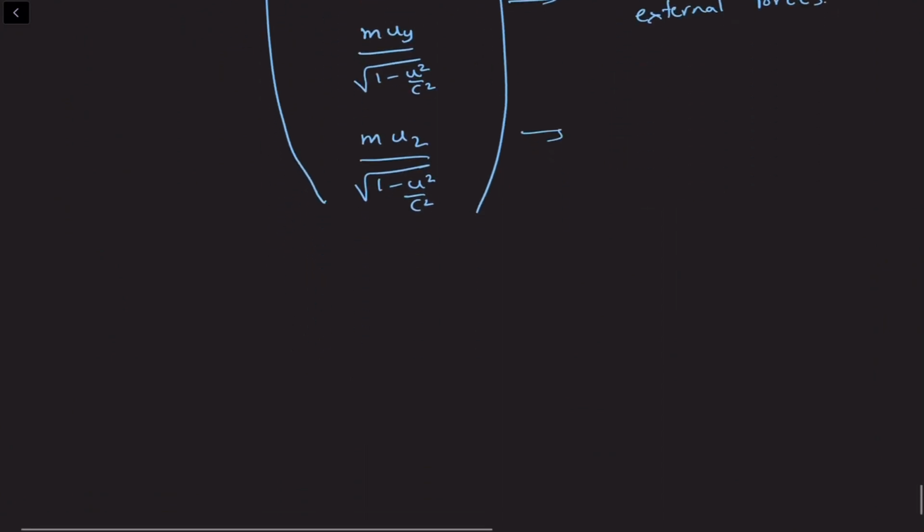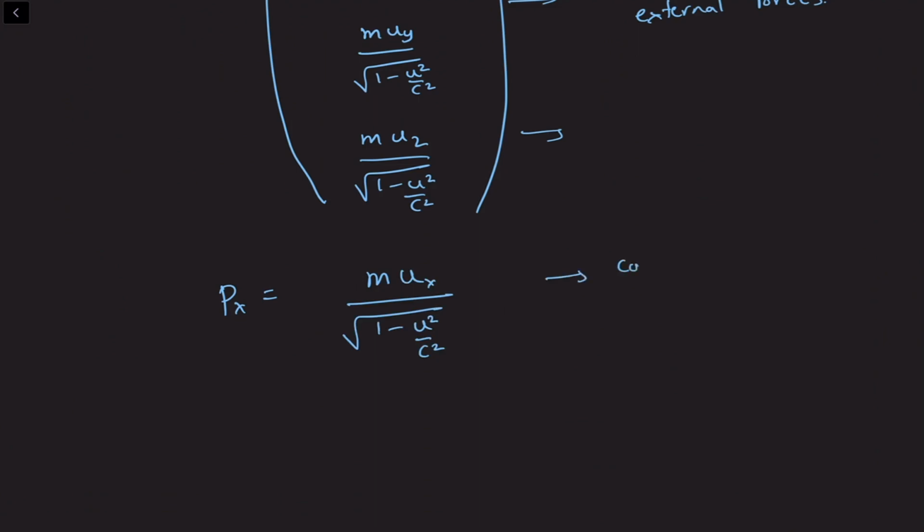Of course, ux, uy, and uz would change as I go from one reference frame to another. Now let's look, for example, at the x component of the 4-momentum. This is m ux over the square root of 1 minus u squared by c squared. This is conserved. Now, what you see is, in the limit that u is much less than c, px is approximately m times ux.